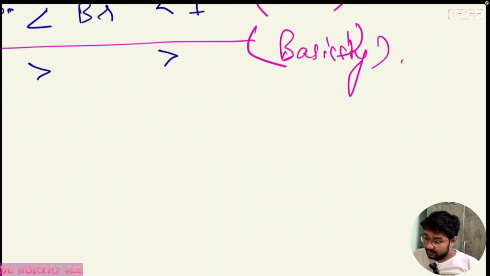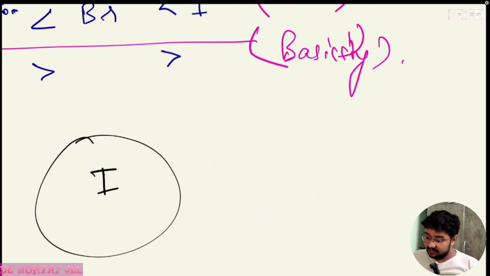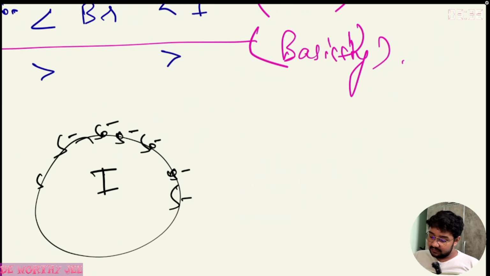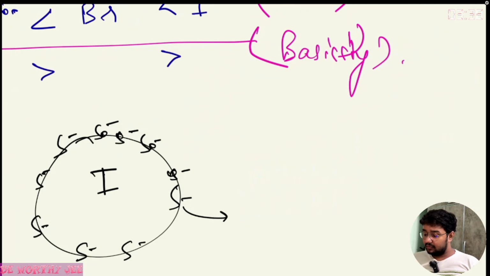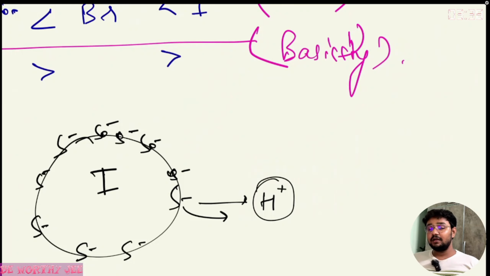I is bigger in size, so electron density over the atom is distributed more, so for bonding with the hydrogen atom, the basicity is lower.